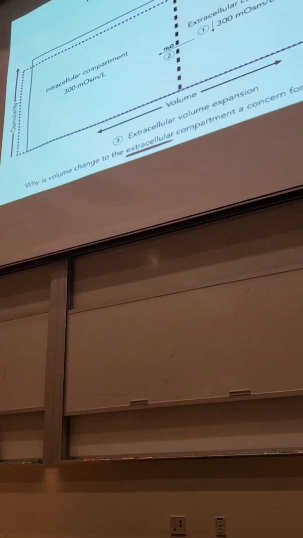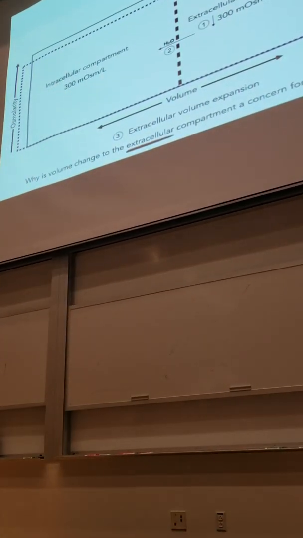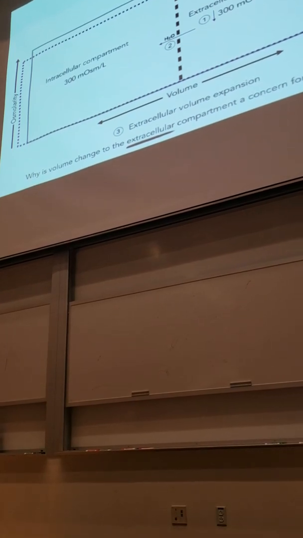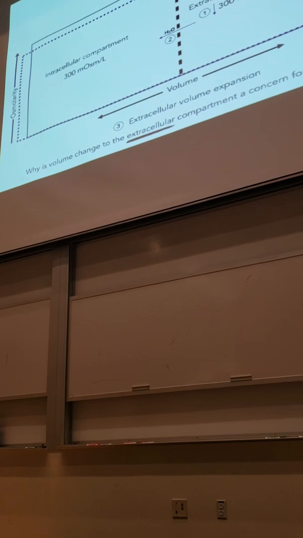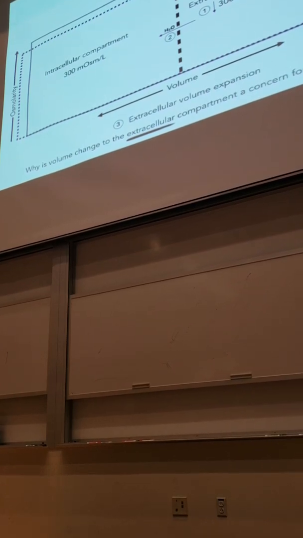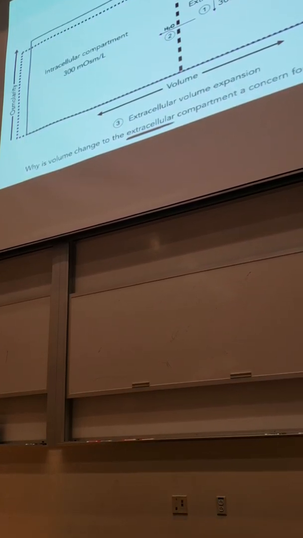Your blood pressure, yeah. What's going to happen to your blood pressure? It's going to increase. You have more blood volume. The extracellular part of this is blood, so your blood volume is going to go up, and your blood pressure is going to go up.